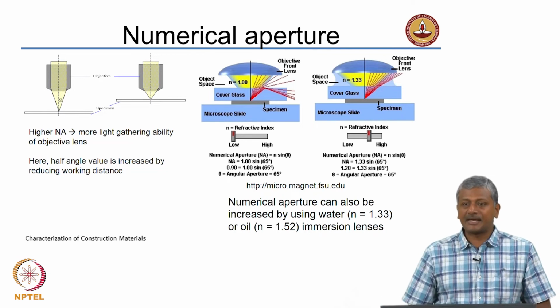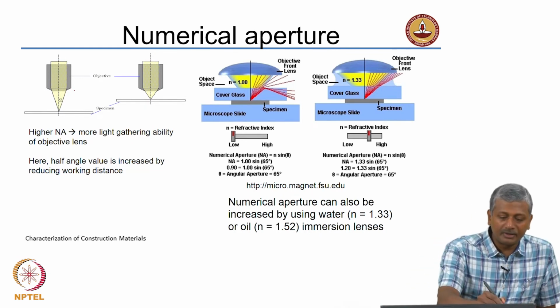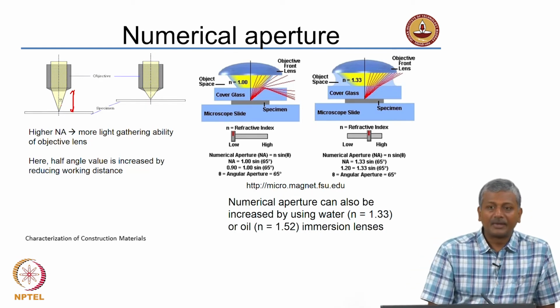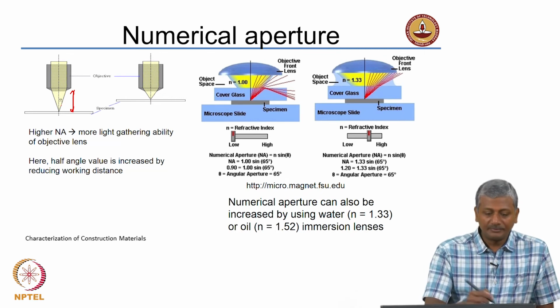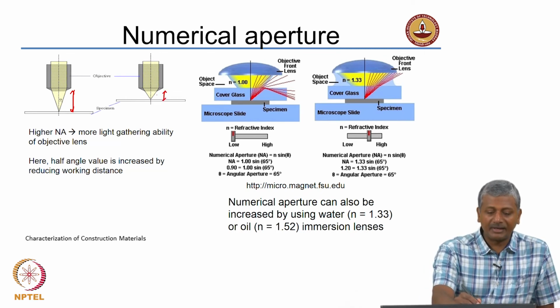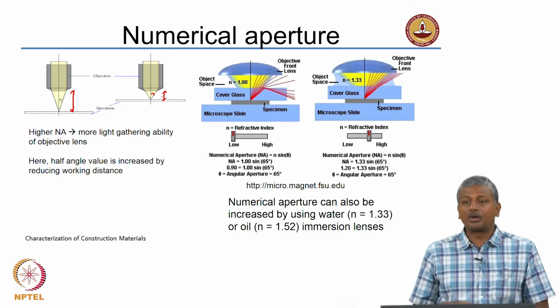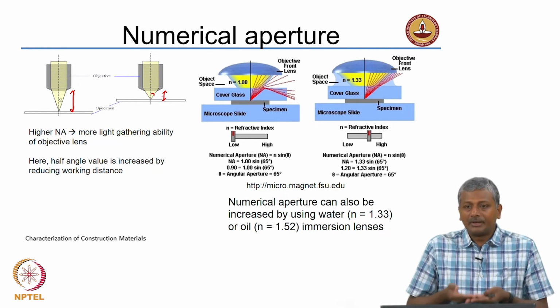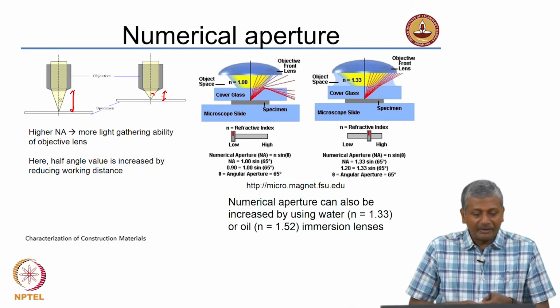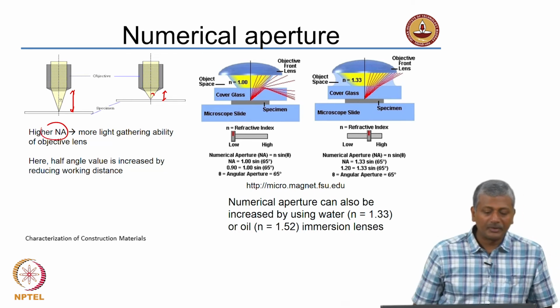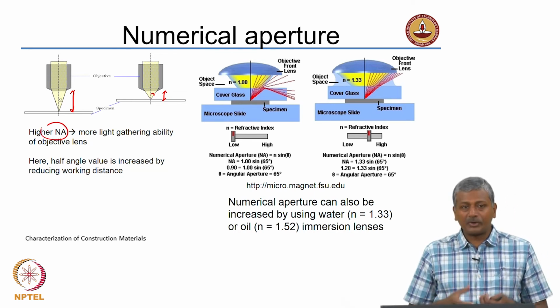Again, this is just an example of what I was talking about. You have a larger working distance, you have a smaller angle alpha. For a shorter working distance, you have a greater angle alpha. Okay. So, there is more light gathering ability when your working distance is smaller, and also with a higher numerical aperture, your lens is able to gather more and more light.